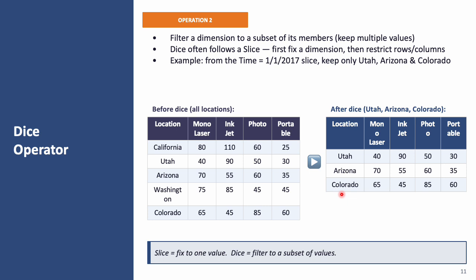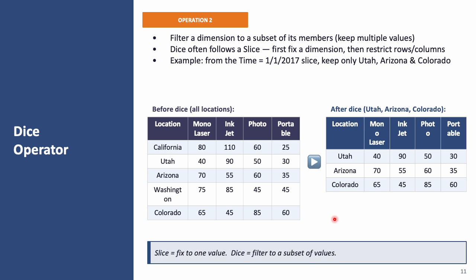But we still have a location dimension in our output. It just now has 3 members instead of 5. The product dimension is unchanged. Notice in the 2 tables on the slide that the data for Utah, Arizona, and Colorado is identical in both.